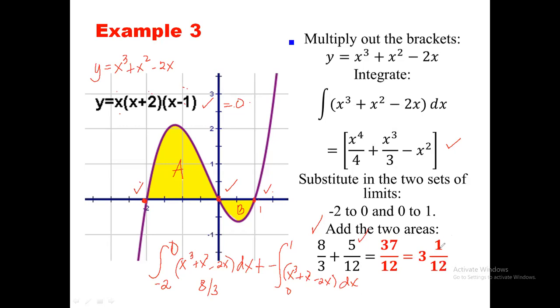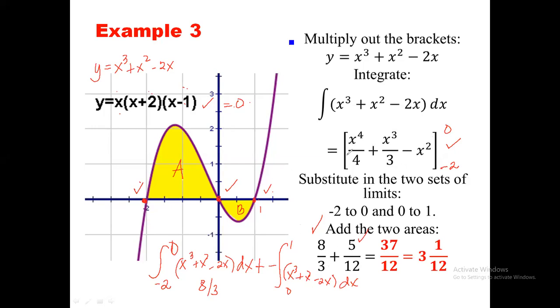Sige. As an exercise, I'd like you to do that in your seats. This is your answer already for the 2. You will substitute for the first set negative 2 to 0. So meaning, if this is your answer, this will all be 0. Minus, the answer of this is x is negative 2. That should give you 8 over 3. Then this one, the same particular answer will be evaluated from 0 to 1.